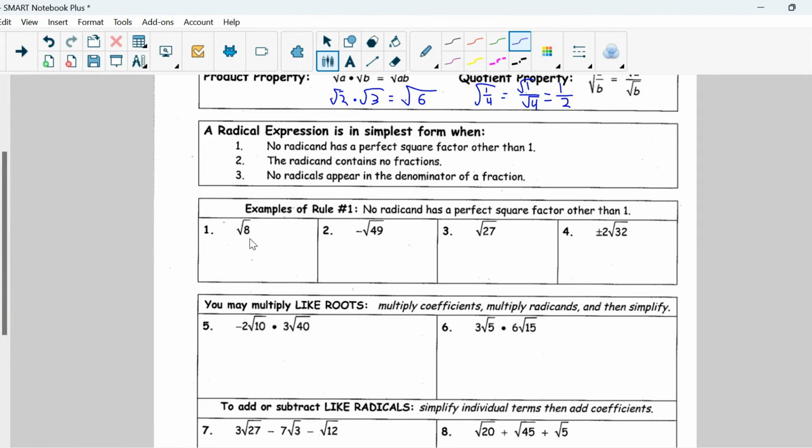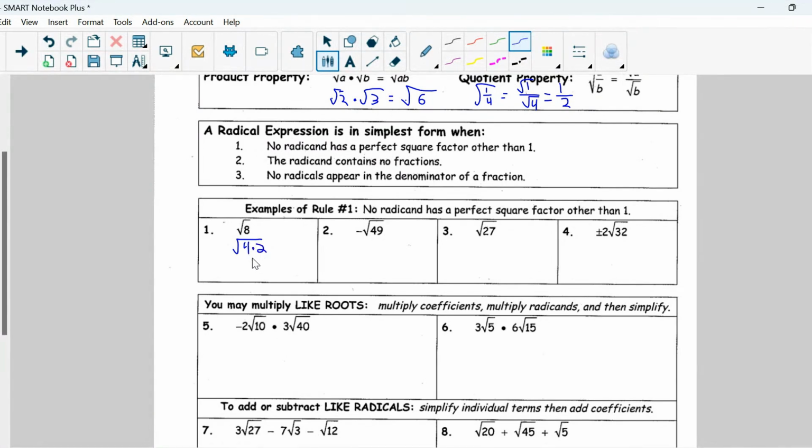In our first example here, we have the square root of 8. Okay, if you start thinking about your factors of 8, you have 1, 8, 2, 4, and that would be it. But 4 is a perfect square, so we must factor 8 into 2 times 4, or 4 times 2.